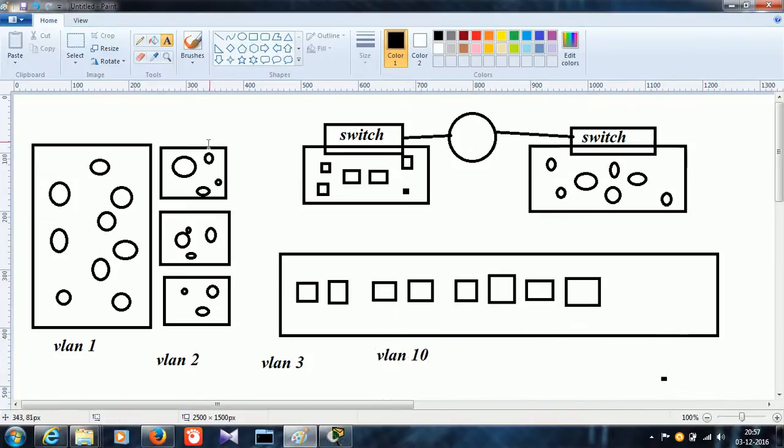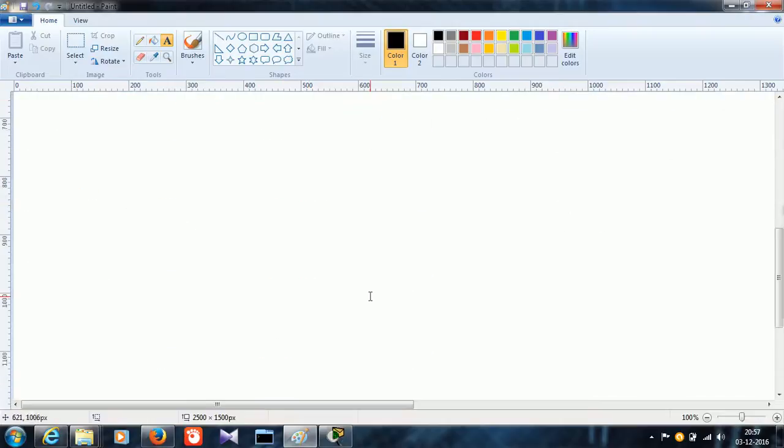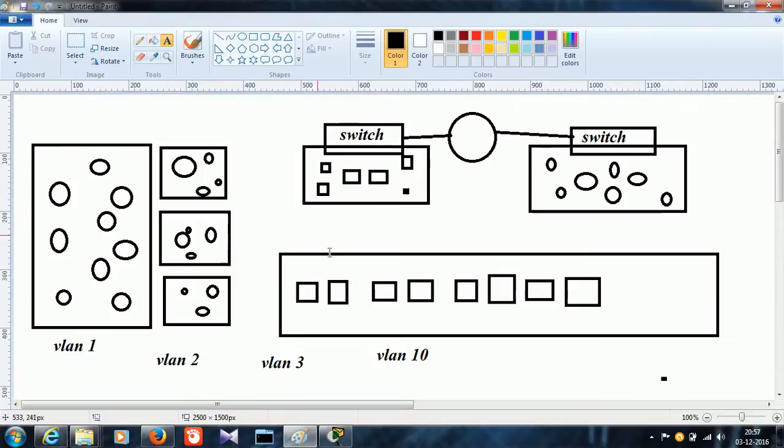Okay, so here, we can scroll down. Now you can see we have different classrooms where different standards of people are sitting inside the classrooms, right?